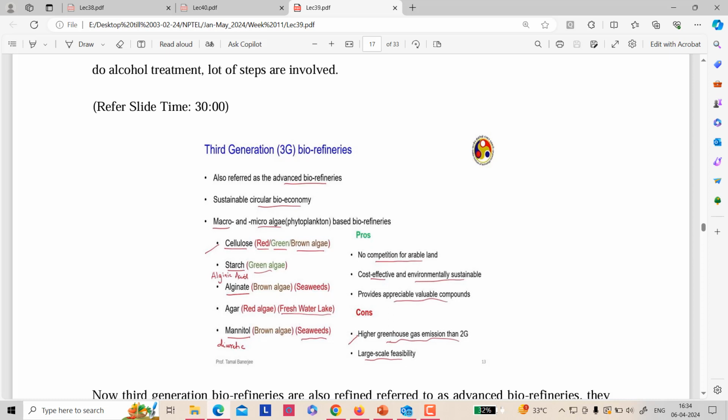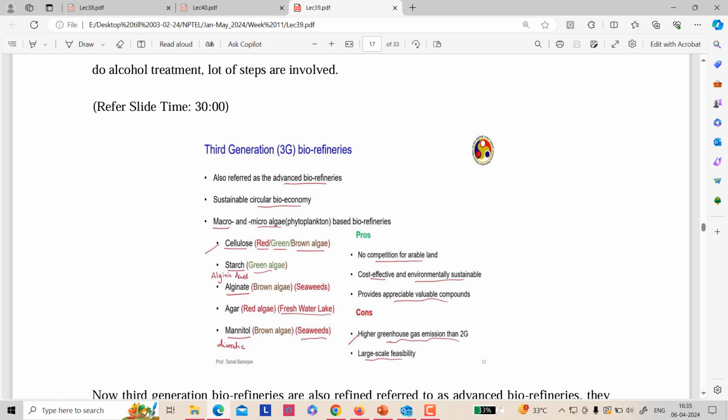But it still has some pros and cons. So no competition for the arable land, cost effective and environmentally sustainable. As you can see, it is sustainable and provides appreciable valuable compounds. But the cons are what? Higher greenhouse gas emission than 2G and large scale feasibility. So it can be done in one water body or two water bodies, but to include all the water bodies in the world, it is difficult to be feasible.